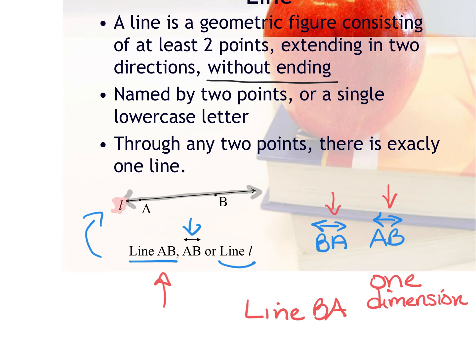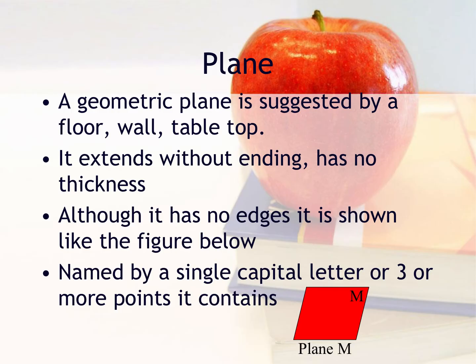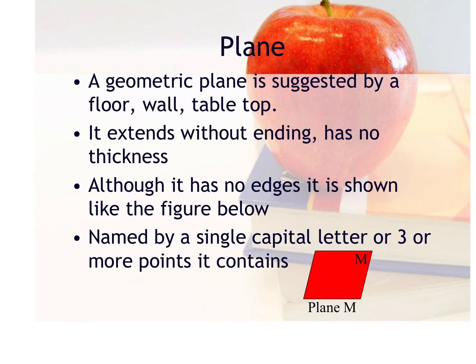The next thing we're going to define is a plane. A geometric plane is suggested by a floor, a wall, a tabletop. Generally, it's a quadrilateral shape.